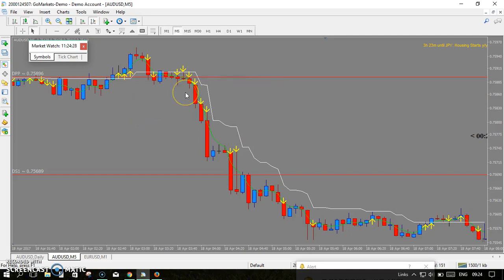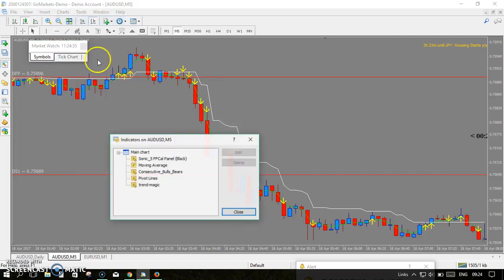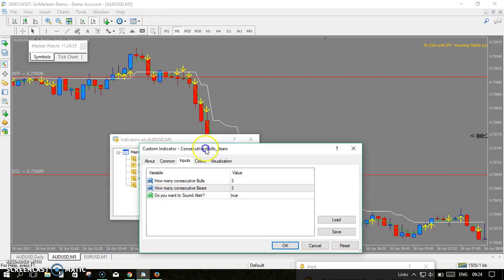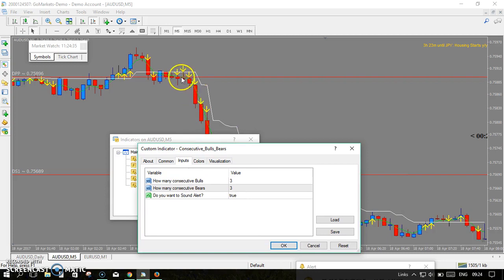The way this one works, I'll open it up. It's consecutive bulls and bears. Basically, it shows consecutive candles of the same type in a row. It's pretty simple. Every time there's an arrow, I have this set to 3 and 3.